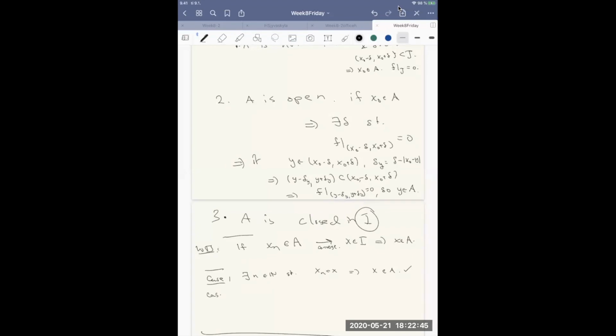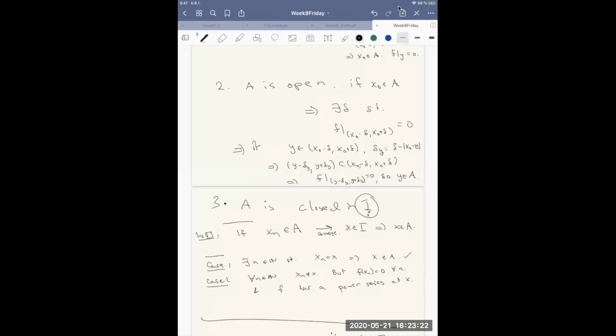Case 2, the interesting case, is that there does not exist such an index. So for all n, we have x_n not equal to x. But f of x_n is equal to 0 for all n. And f has a power series at x, because x is inside the interval where you are analytic.